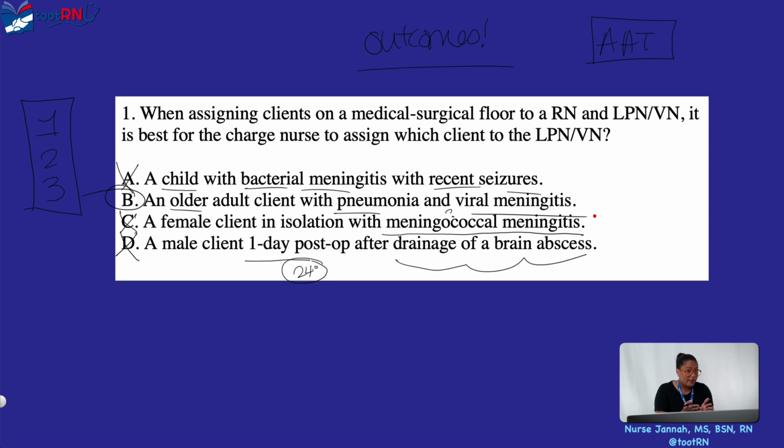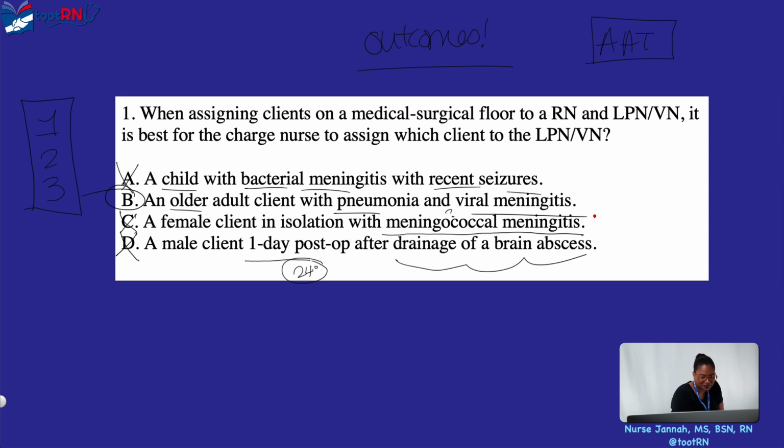Why? Think about what we do for viral infections. Symptomatic care, right? Symptomatic management, making sure that our clients are comfortable and we let this run its course and we can predict how that outcome will go. So B is the correct answer here. This is our most stable client, most appropriate for the LPN.